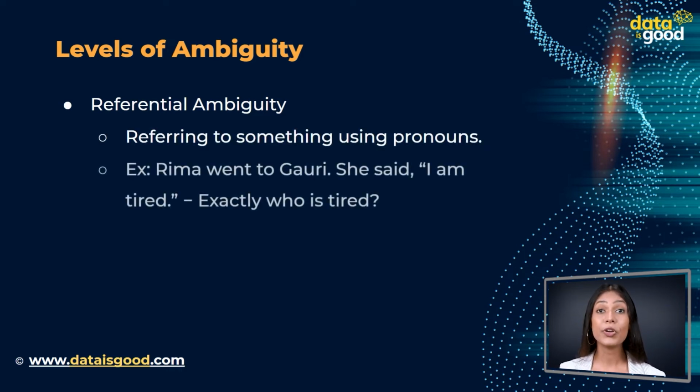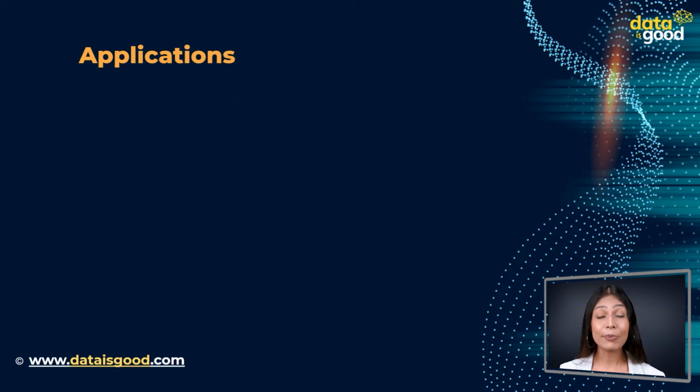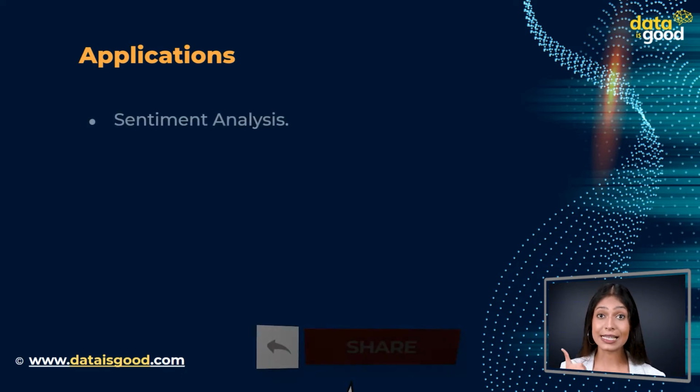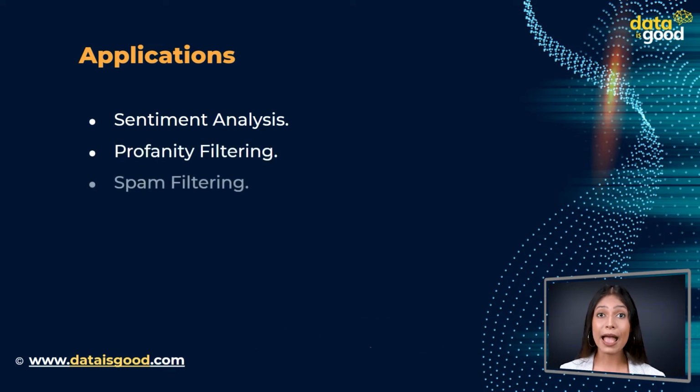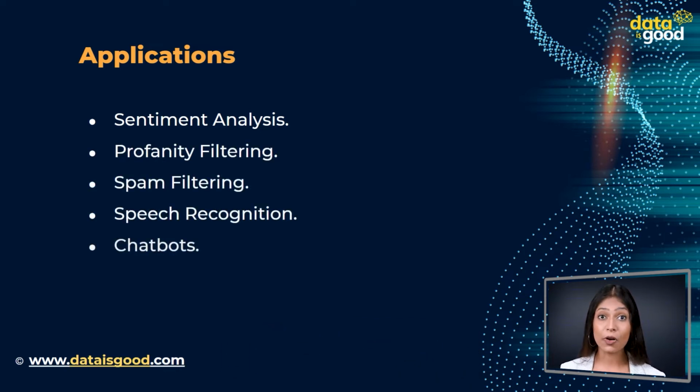For example, Rima went to Gauri. She said, "I am tired." So exactly who is tired? Now, the applications of natural language understanding include sentiment analysis, profanity filtering, spam filtering, speech recognition, chatbots, and text summarization.